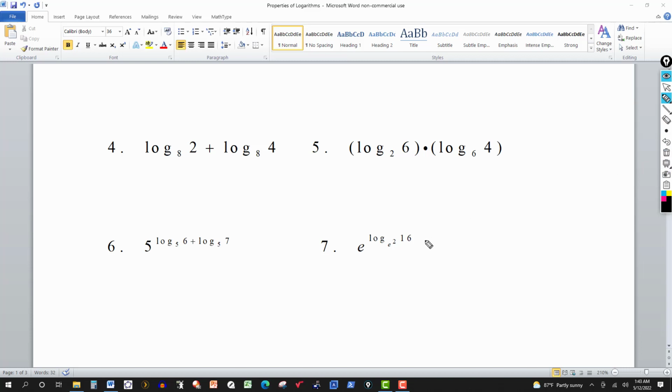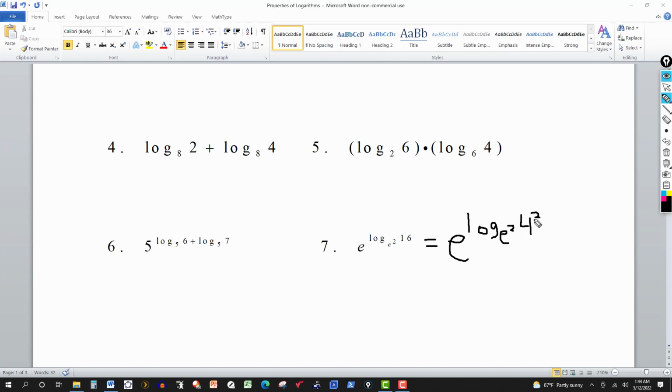And let's do this. This is equal to, write a little bit bigger here, e, and this is the log, and the base is e squared. And then 16, I'm going to write it as 4 squared. Now, why did I do that?